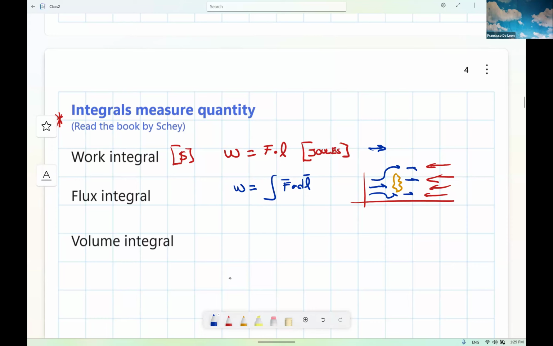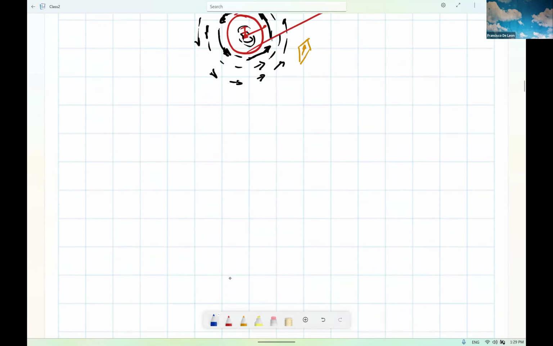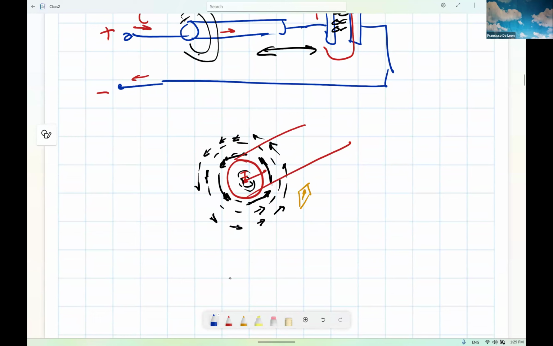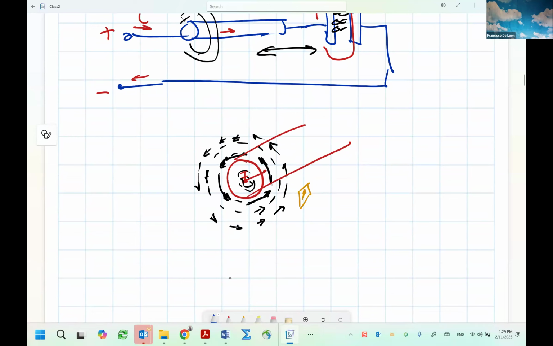There may be situations. I'm talking right now about electrostatic fields. An electrostatic field will only depend on the amount of distance that you move from one point to another, because that's what we call a conservative field. But we have a non-conservative field. For example, what about here? Let's say this is not a magnetic field force.